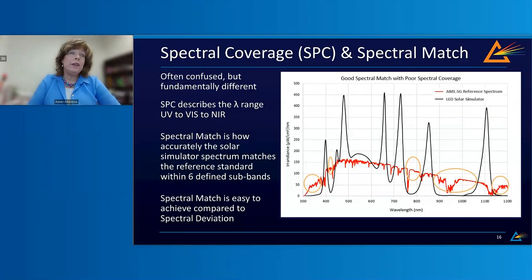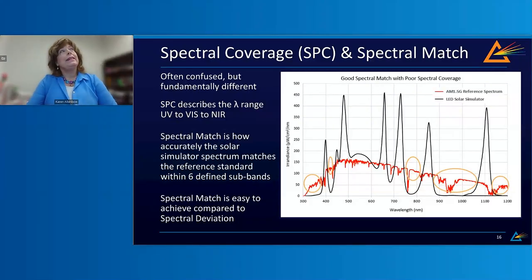Spectral match, on the other hand, is one of the IEC Class metrics. It tells you how closely the irradiance in each of 6 IEC defined spectral bands matches the reference. In fact, a simulator can pass Class A spectral match or Class A plus while still having major gaps or spikes between LEDs, as shown in the graph.